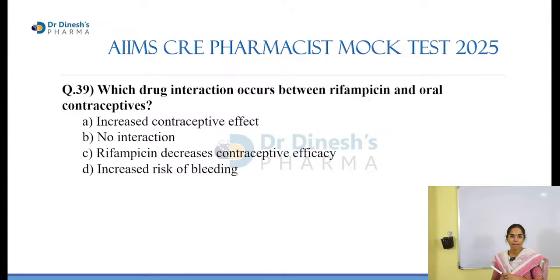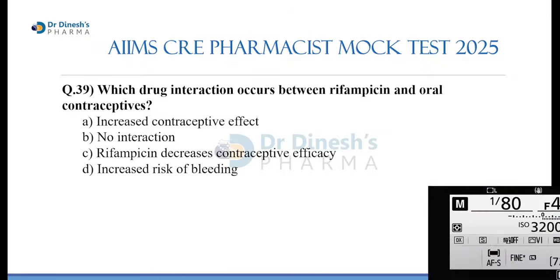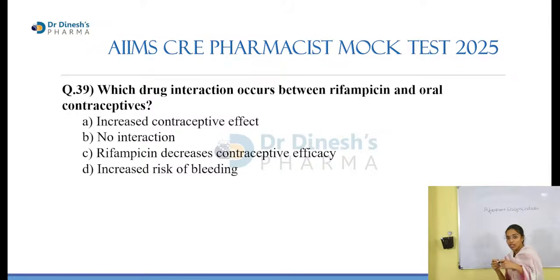In the previous question we discussed cotrimoxazole and warfarin, and enzyme inhibition. Here rifampicin is an enzyme inducer. Because it is an enzyme inducer, what is it doing? It breaks down.